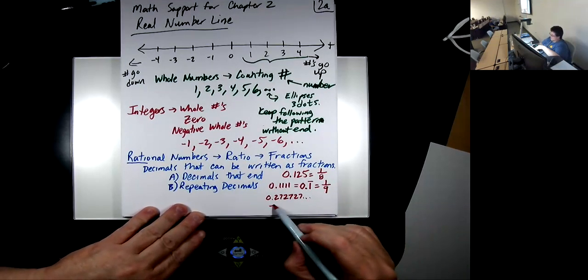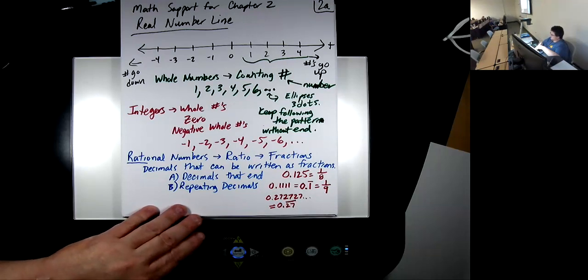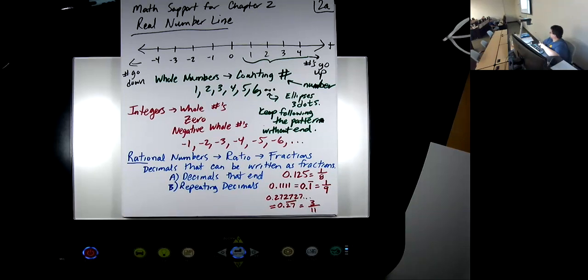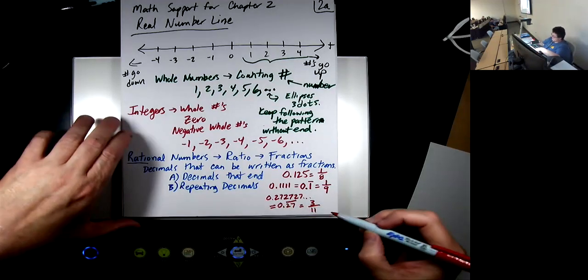I can write that as 0.27, and the 27 is what repeats, so we put the bar over it. This actually ends up being 3/11. It's kind of hard to figure out starting at 0.27272727. So it's not necessarily easy, but it can be done. That bar is called the repetition bar.